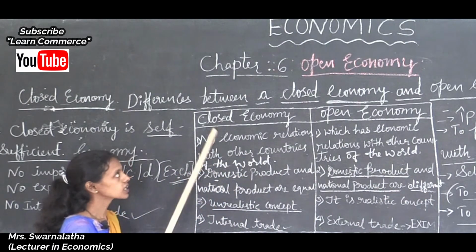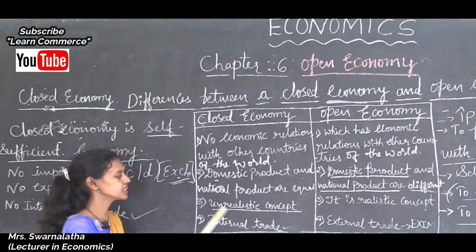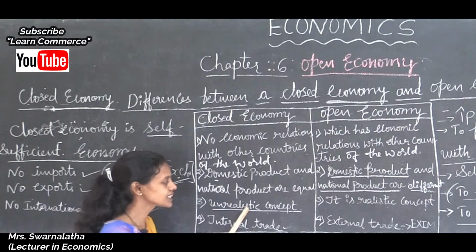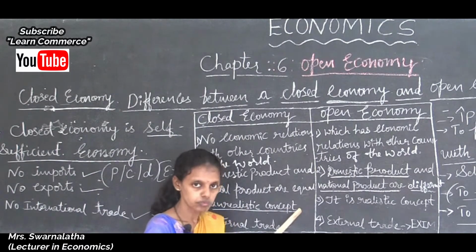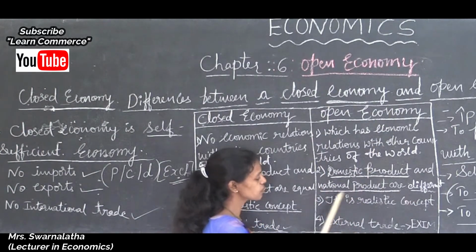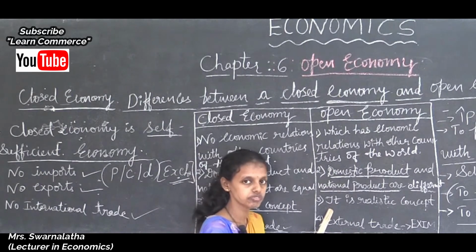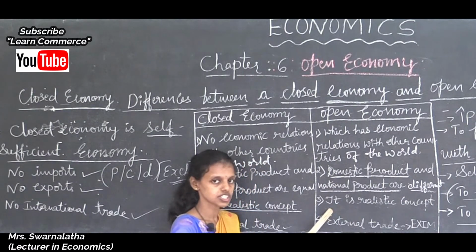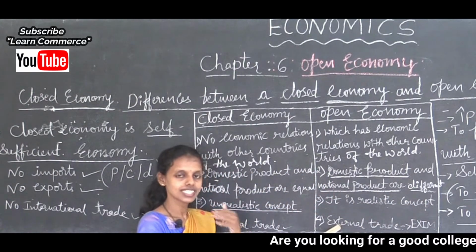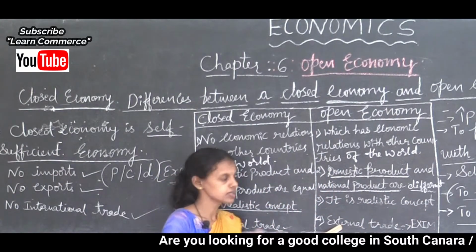The concept of a closed economy is not at all realistic, so it is said to be an unrealistic concept in the world. The concept of open economy is realistic; we can see it everywhere in the world: export, import, international trade. In reality we can see the open economy.